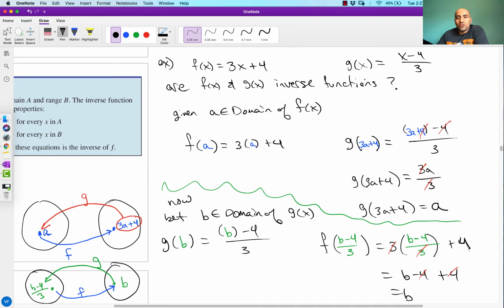And in fact, to show the world that they are inverses of each other, we like to use the notation with a little minus 1, right? So we have proven that f of x and g of x are inverse functions.